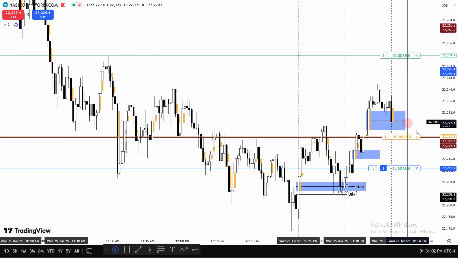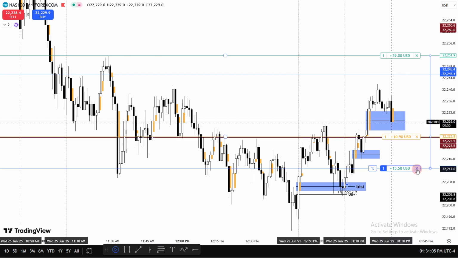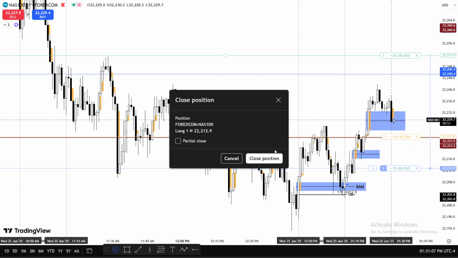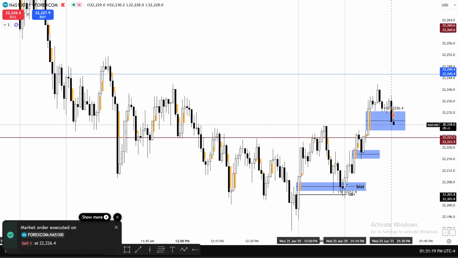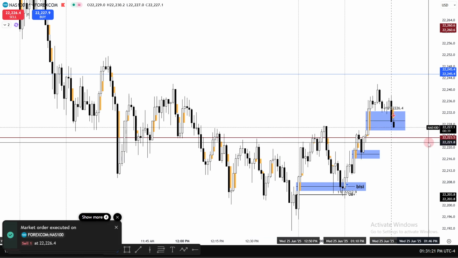Let's see, it didn't respect it, so I am going to exit this trade. I'm planning to exit it, but let's see if it can really, in this very candle... no, I don't want to. I'm closing the trade. So I closed the trade right there.